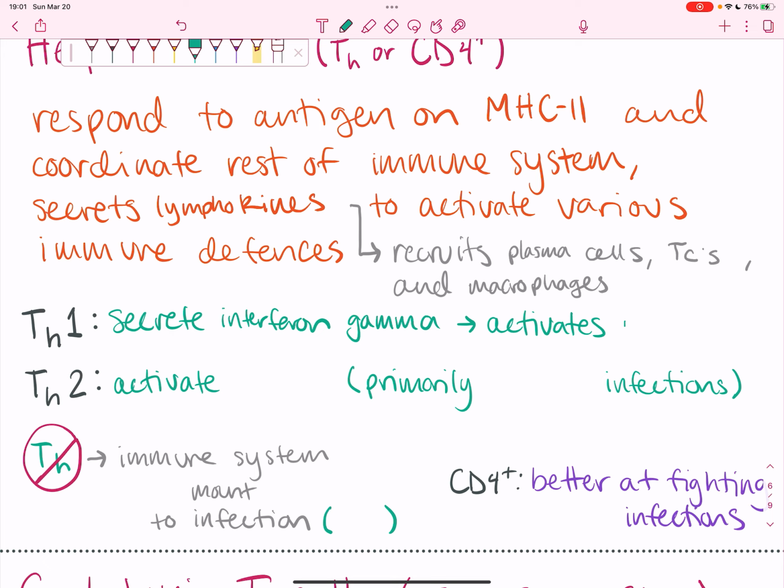And then Th2 cells activate B cells, primarily in parasitic infections. Just a note, so they activate B cells.